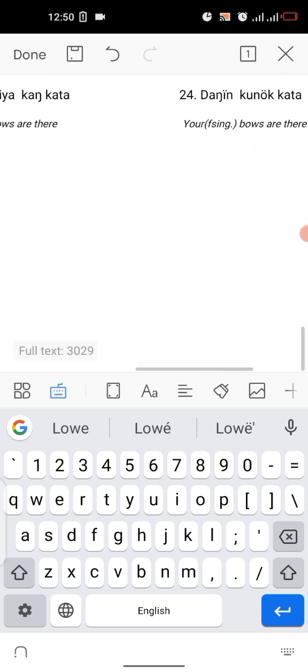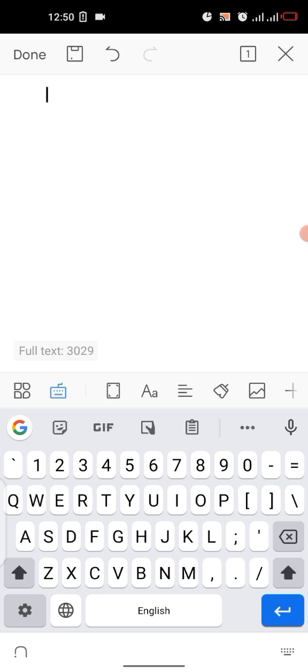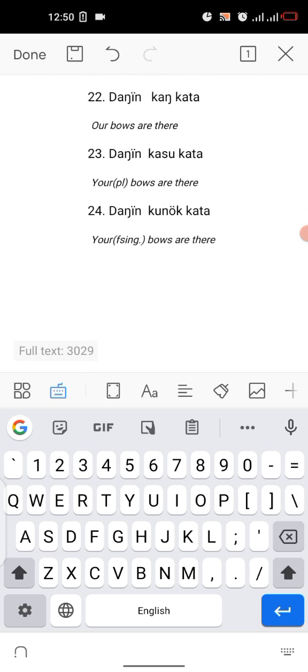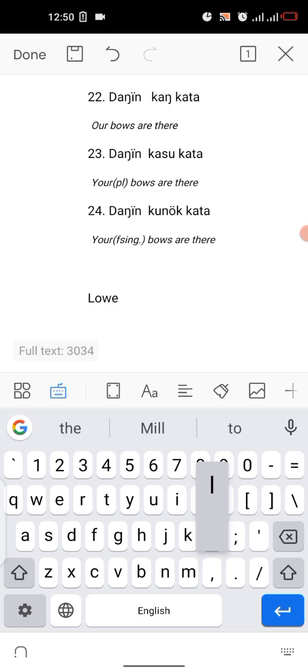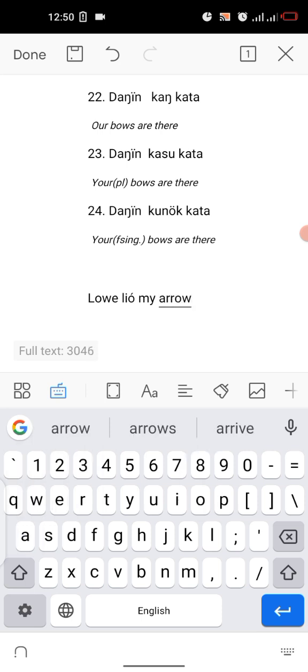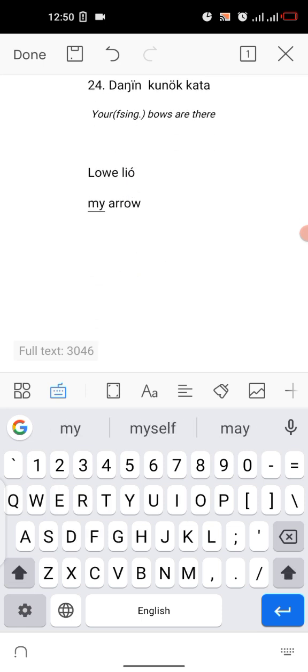For example, if you say lowe leo, it means my arrow.